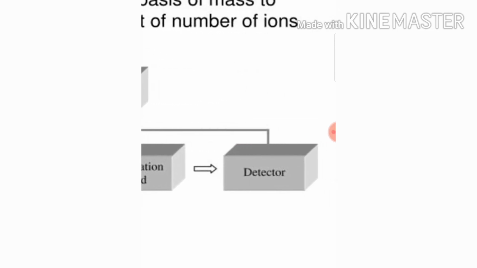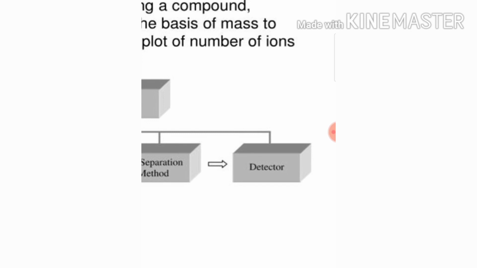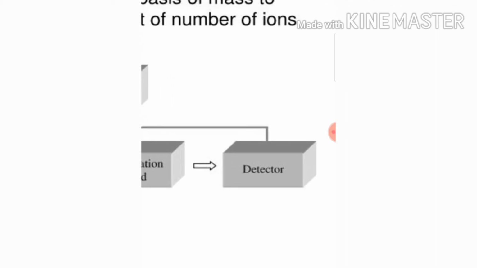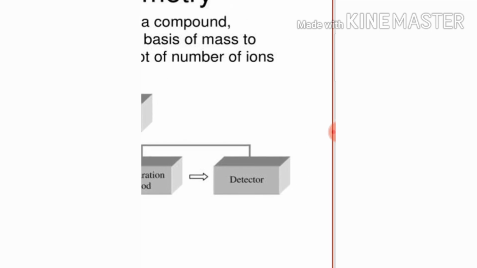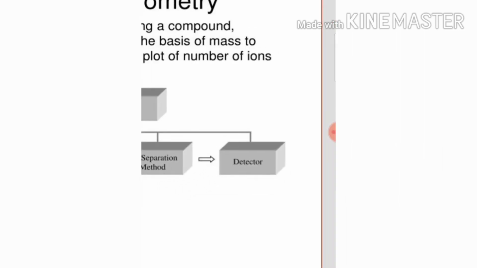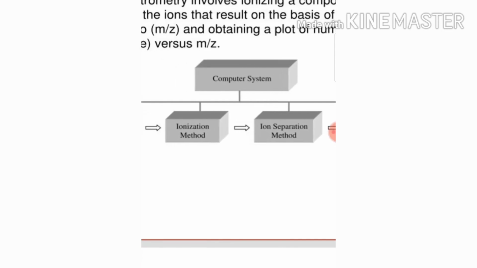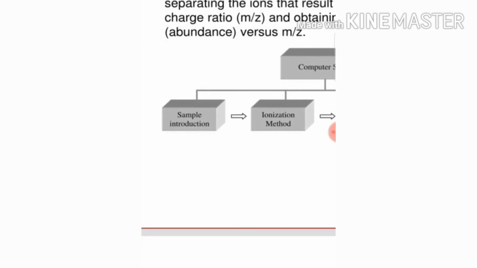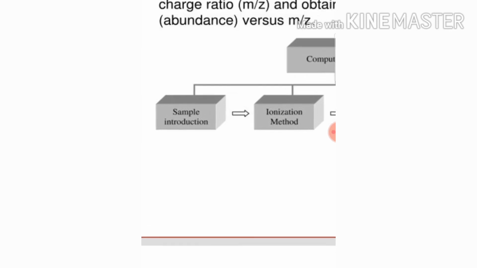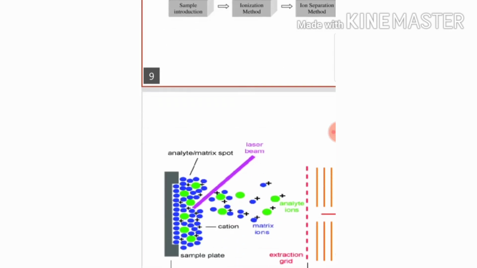Then the detector unit will detect the mass spectra that is generated, and that should be analyzed with the help of bioinformatics software, and then we will try to know the structure, molecular weight, function, and expression of those proteins. This is the computer system that is already fitted inside the mass spectrometer.